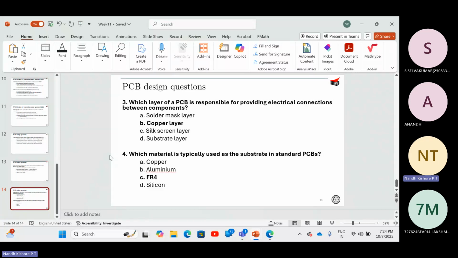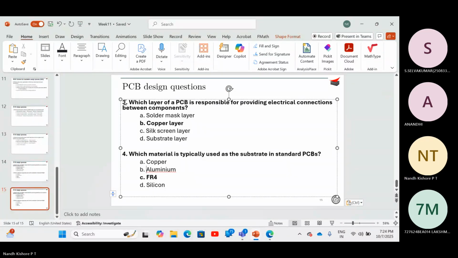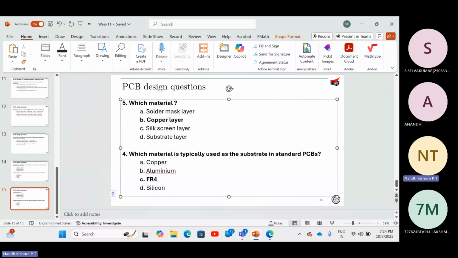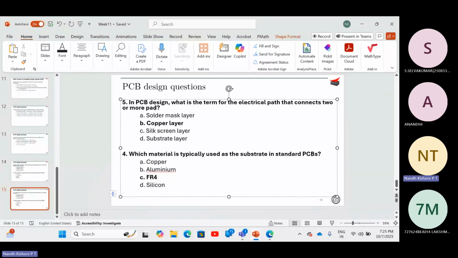So the next and the last question with PCBs is this: in PCB design, what is the term for the electrical path that connects two or more pads or components?